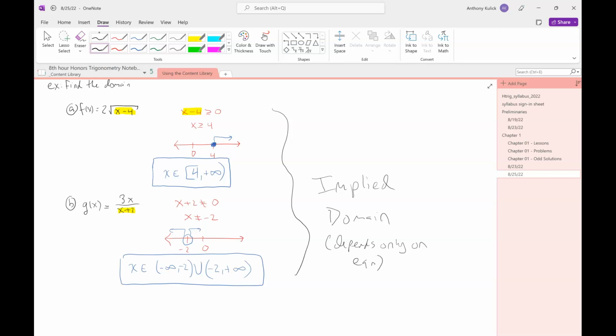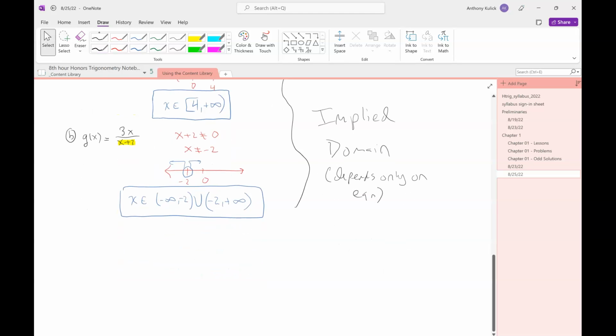Okay, so an implied domain depends only on an equation. There's also something called a relevant domain that depends on the equation and the context of the variables. So let's look at an example of that.